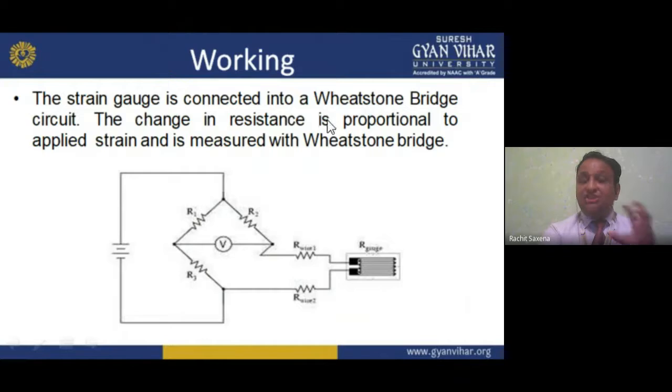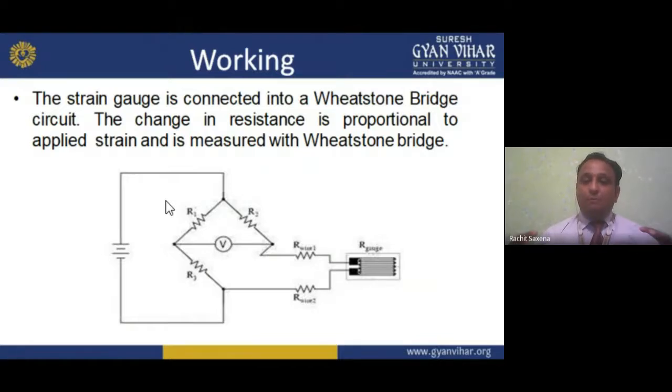Here we have R2, R3, and these are the resistances connected to the strain gauge. Now this is the strain gauge which is connected to the Wheatstone bridge. The change in resistance is proportional to the applied strain.